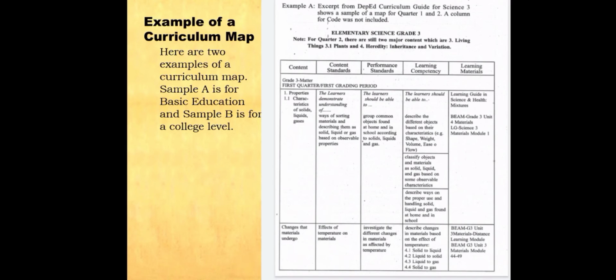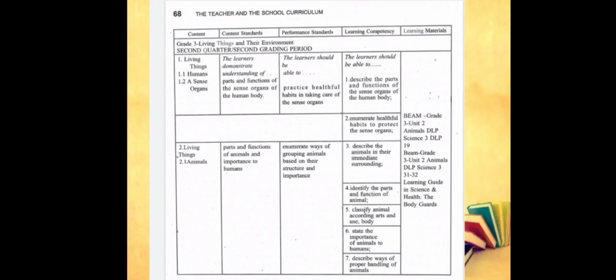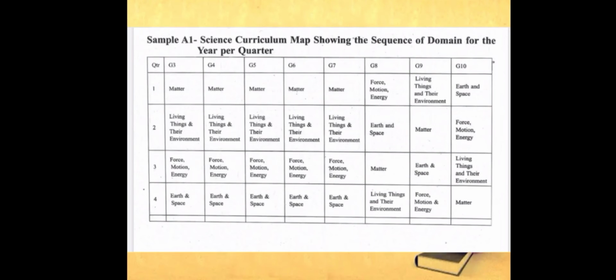Here are two examples of a curriculum map. Sample A is for basic education and sample B is for college level. So this is example A. Sample A, Science Curriculum Map, showing the sequence of domains of the year per quarter.